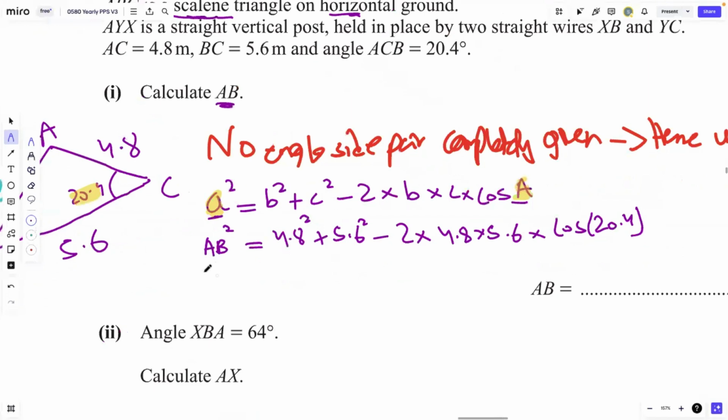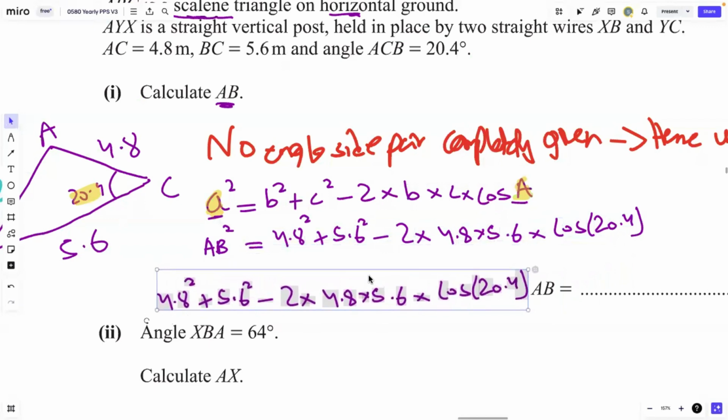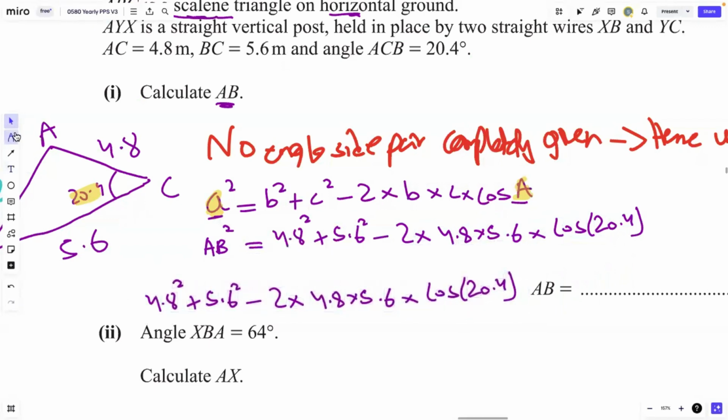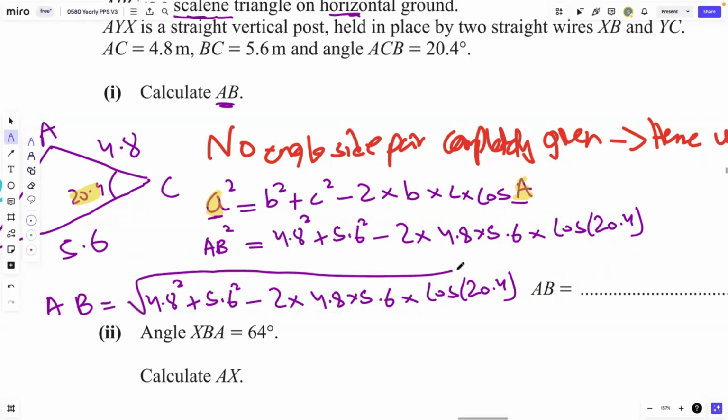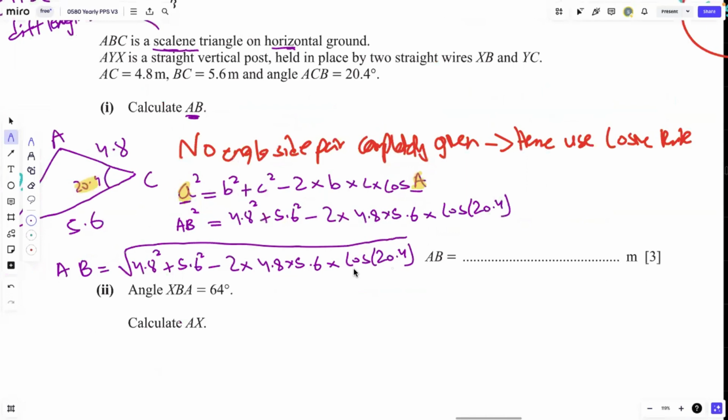And next up, we can just copy this entire thing. Let's just write it here and we'll just square root it, because we have AB squared, we need AB. So we'll just do square root of the entire thing and put it in one go in the calculator, so we do not have any accuracy errors. Start with square root of 4.8 squared. Make sure to use brackets when squaring, so you do not have any mistakes, especially when you have a negative number.